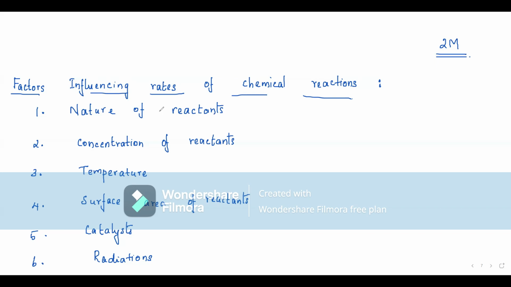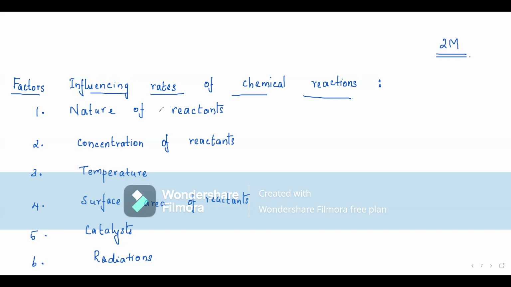Why was it fast? Because the contents of the test tube, NaCl solution, NaCl is ionic in nature. Already that NaCl is existing as Na plus and Cl minus ions. And what you have added, AgNO3, that is also Ag plus and NO3 minus. Since it is an ionic reaction, it is a faster reaction, whereas organic reactions take time. Why?